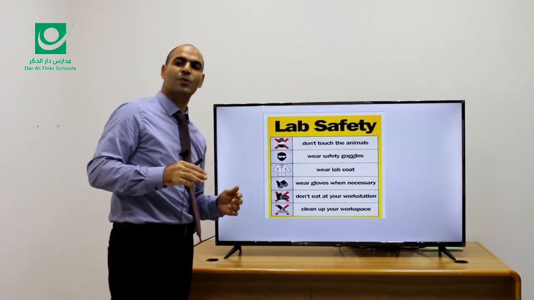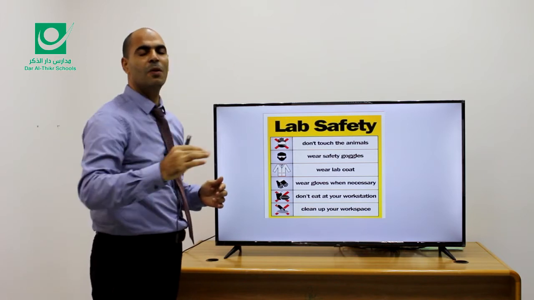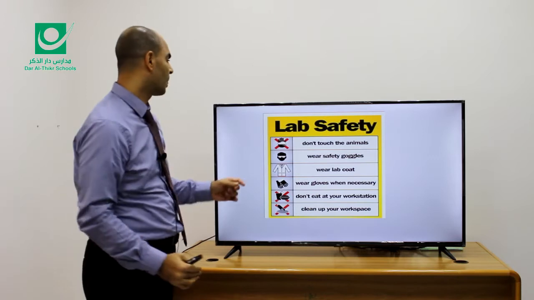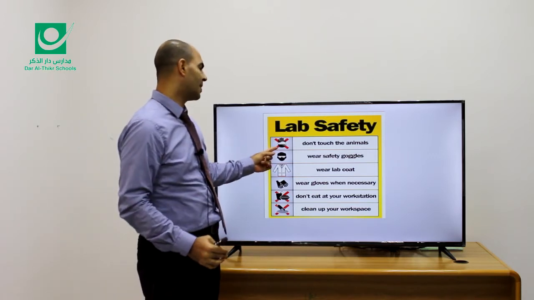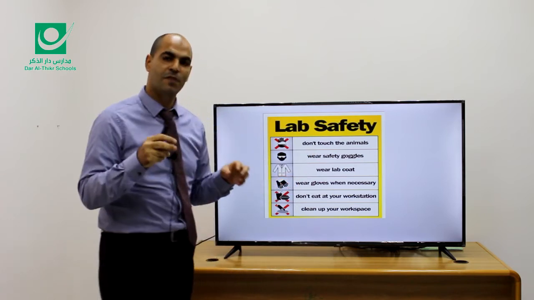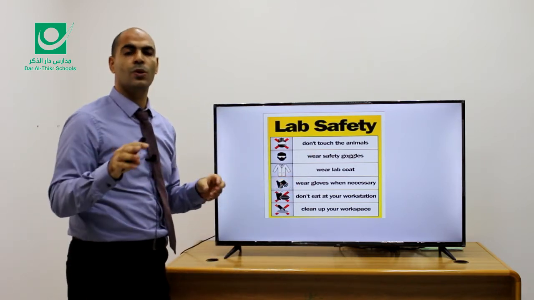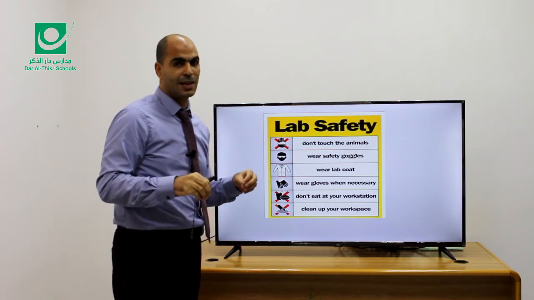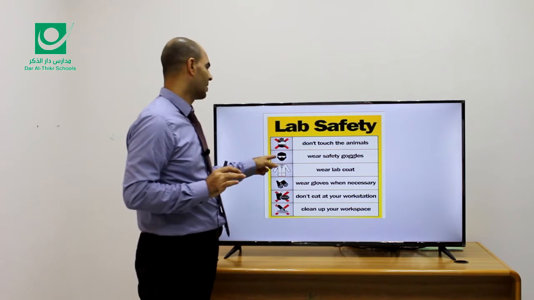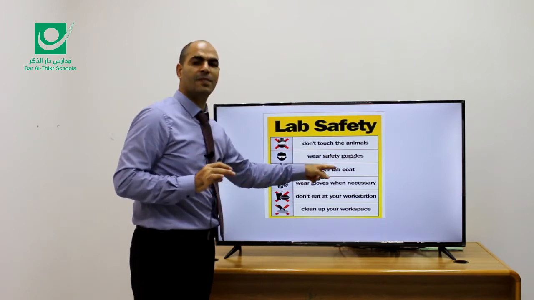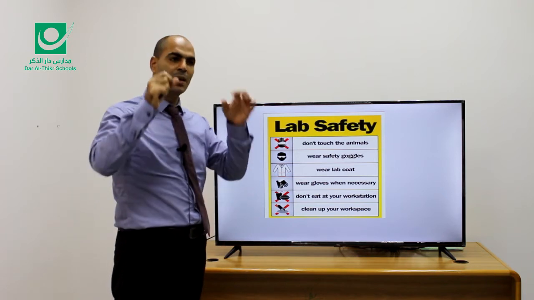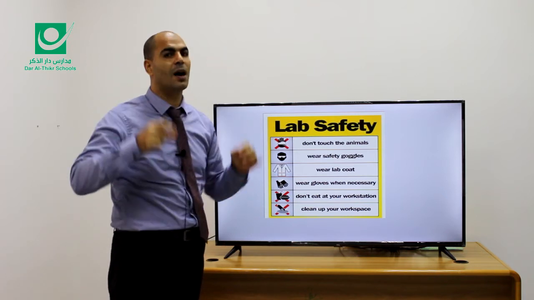Okay, let's move to safety. How can we be safe in science labs? Number 1, don't touch the animals. If you find animals at school or in your science lab, don't touch the animals. Number 2, wear safety goggles. We need them to protect our eyes.